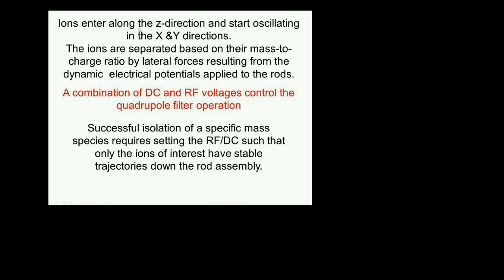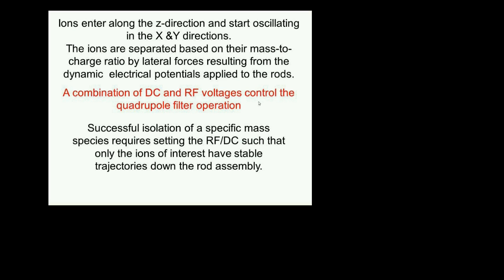The rule of thumb is something like this: in order to get a specific ion to go through the quadrupole, you must select a specific RF amplitude for that to happen. So during a scan, the RF amplitude is scanned from the minimum to the maximum, and one by one the ions go through.